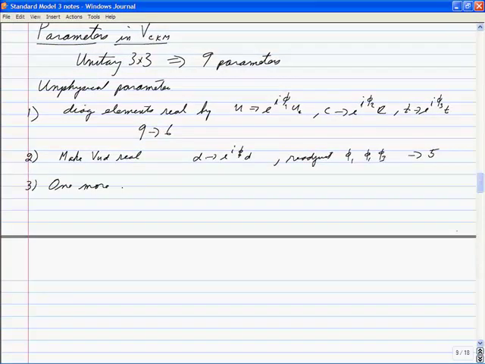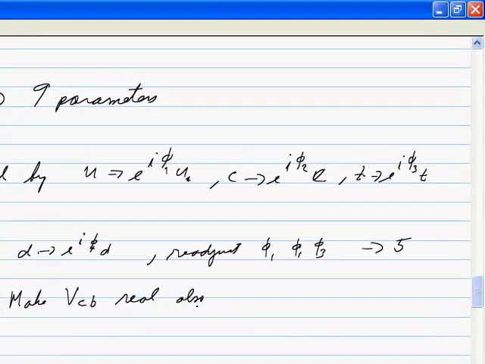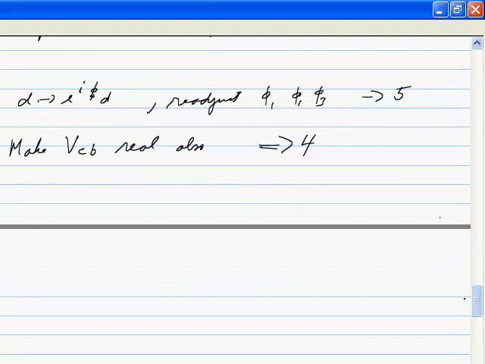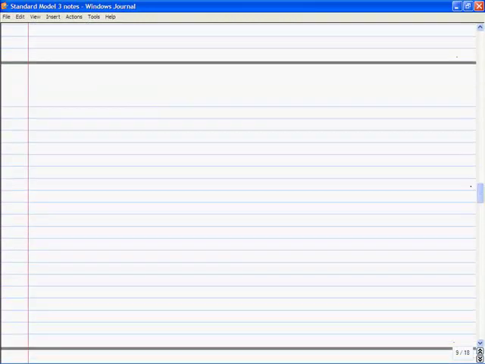The relative phases of T and B. You can make V_CB real also. So we end up down to 4 parameters. And you can't make any further changes.